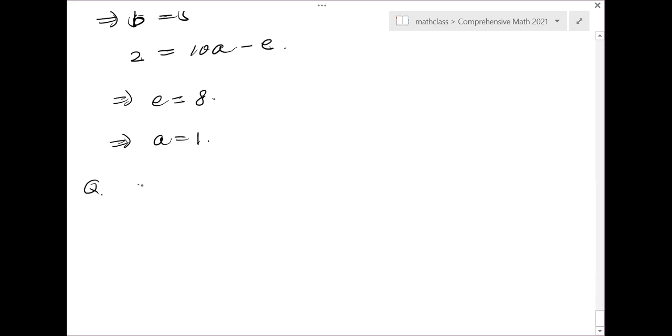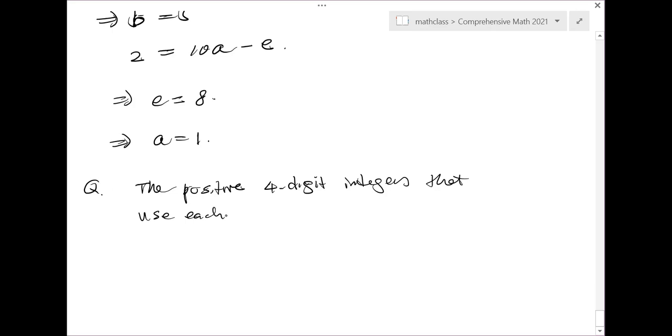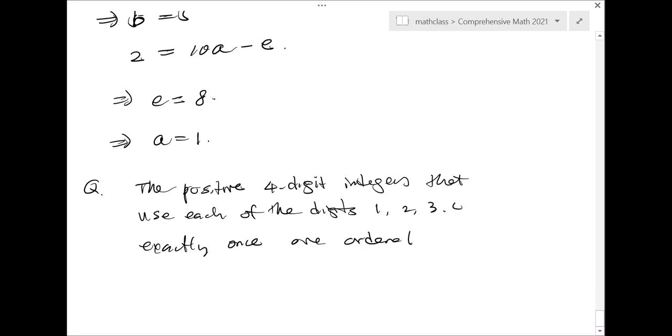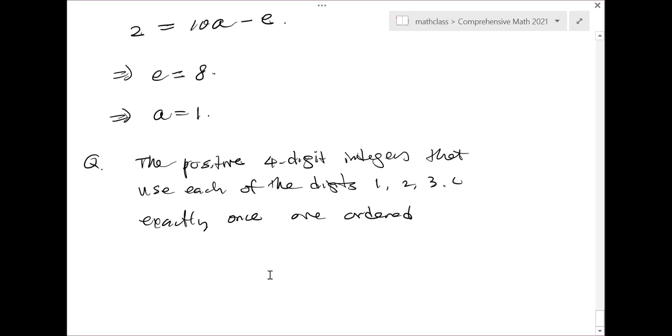Okay, so you have the positive 4-digit integers that use each of the digits 1, 2, 3, 4 exactly once, ordered in sequence, and you want to find the 15th one.